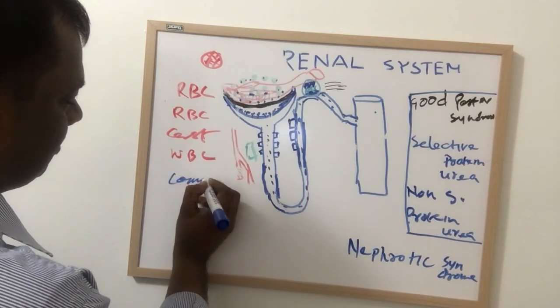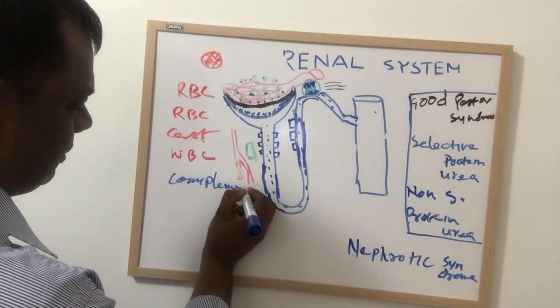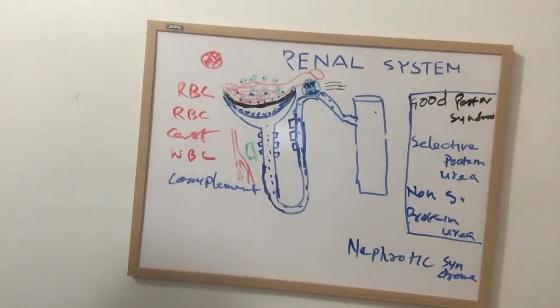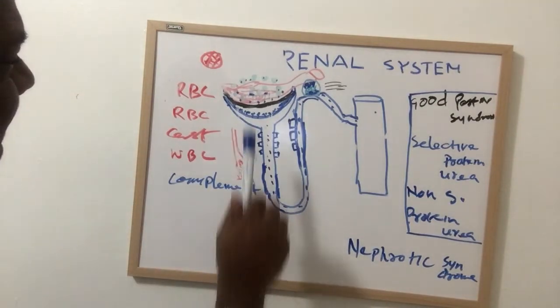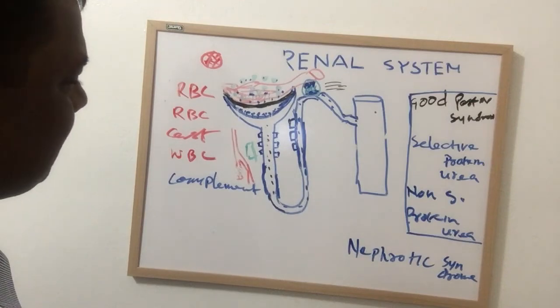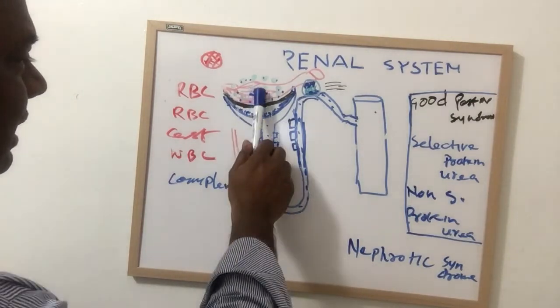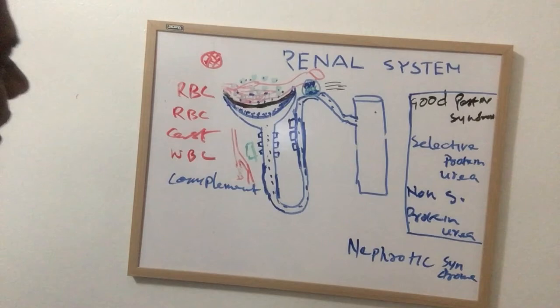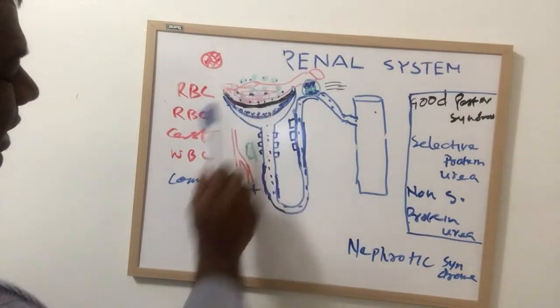Complement. This area has contractility and penetration, and not only that, it has more functions; it can also proliferate.